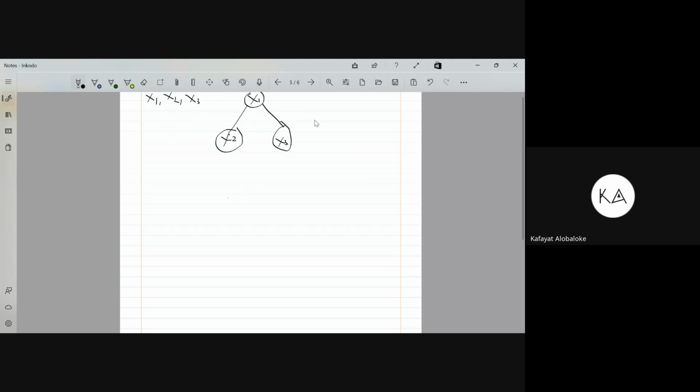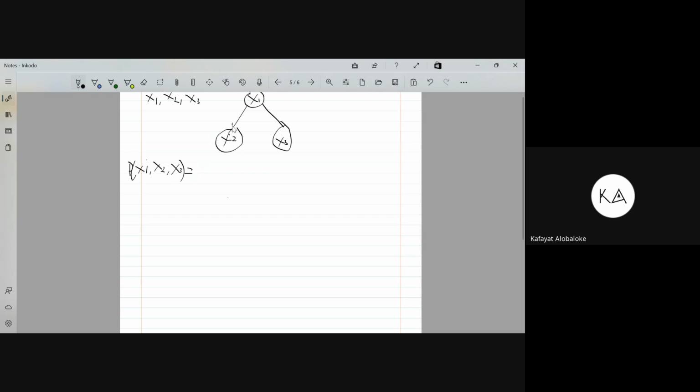So the joint probability of this graph, probability of x1, x2, x3, will be equals to the following.